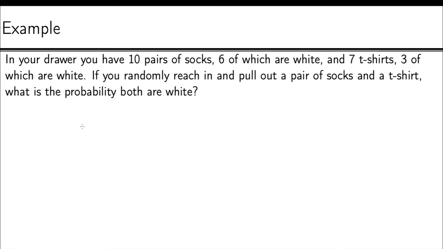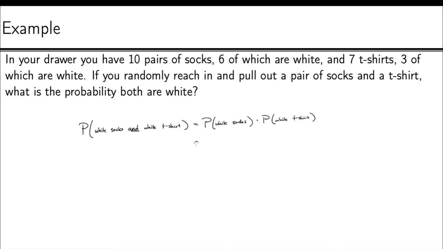What we're looking for here is the probability of white socks and a white t-shirt. We've got this word "and" in there. So when we see "and," that means we need to know if the events are independent. If I pull white socks, is that going to change my probability of pulling a white t-shirt? Well, no. So these are independent events. This is going to be the probability of pulling out white socks times the probability of pulling out a white t-shirt.